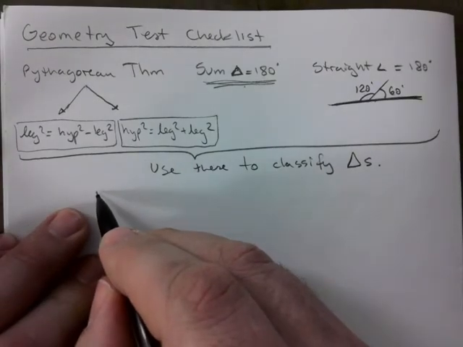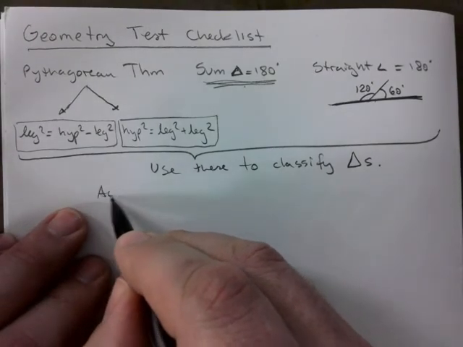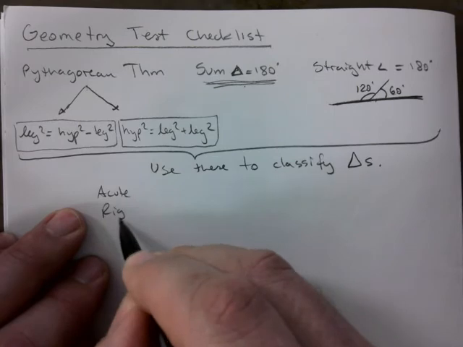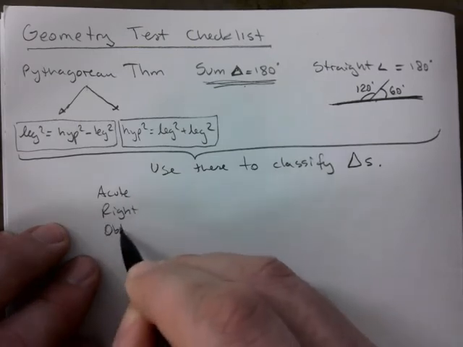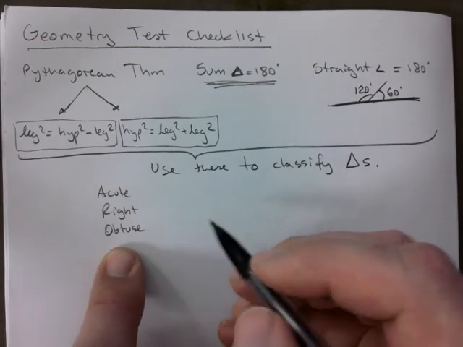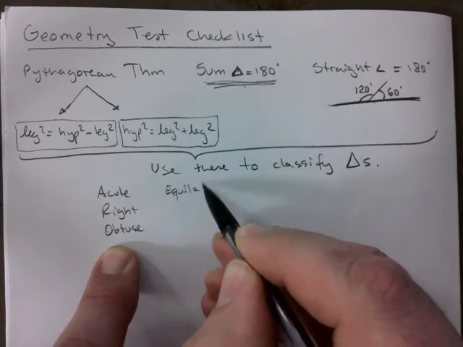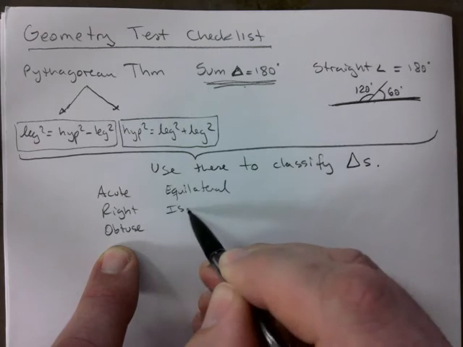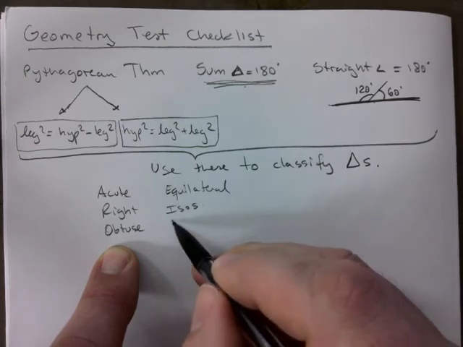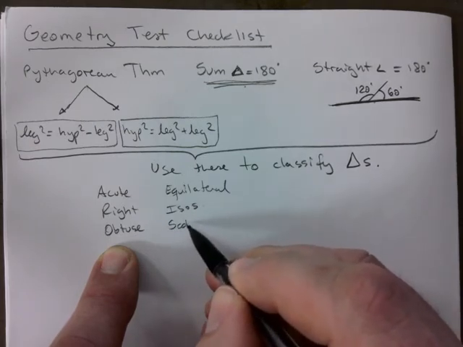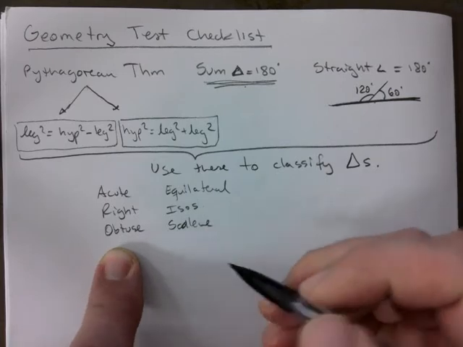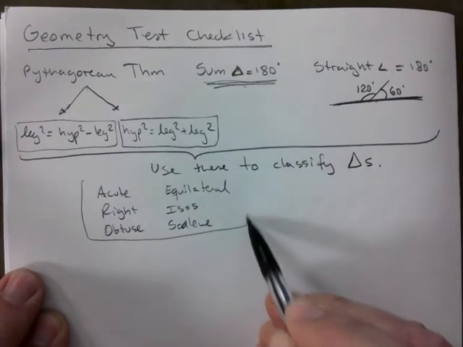And obviously you always have your acute, right, obtuse. Those are your options for first name. And you have equilateral, isosceles, and scalene for your last name, right? These are your options.